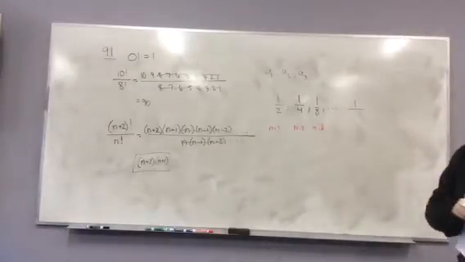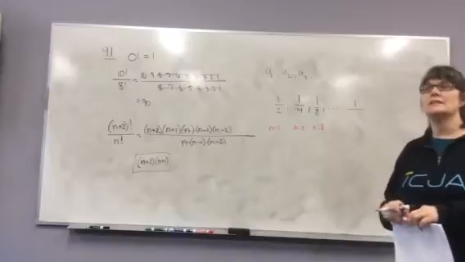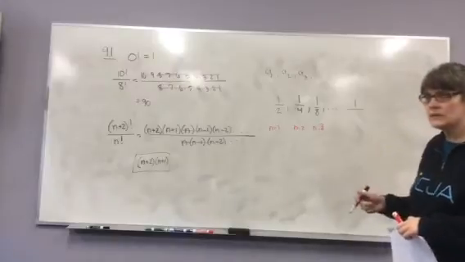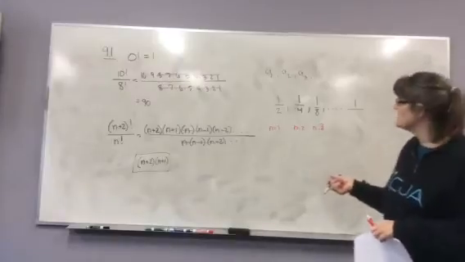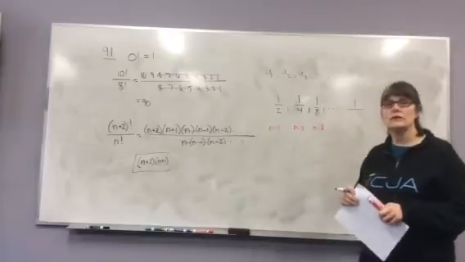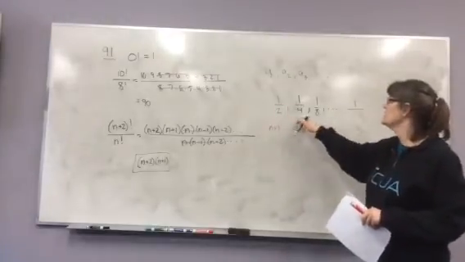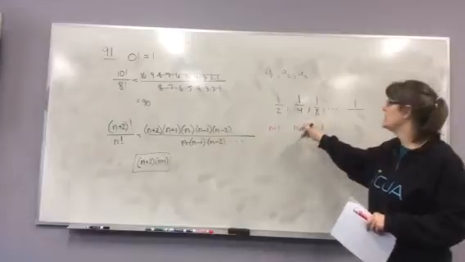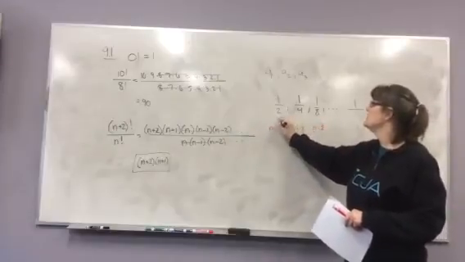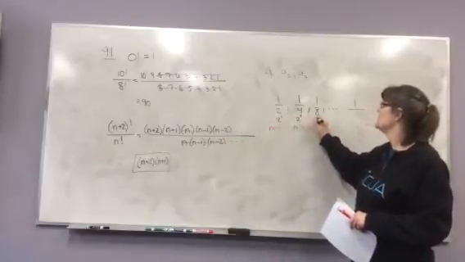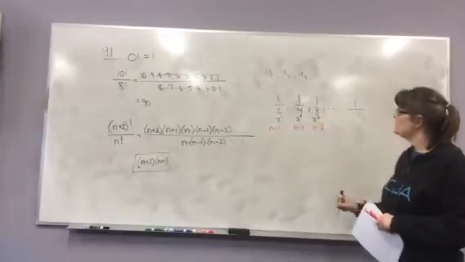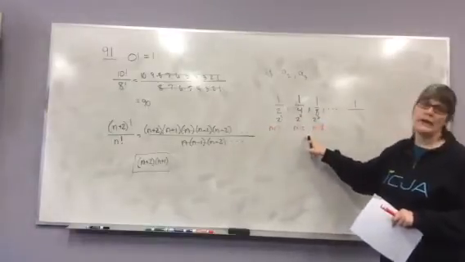Now, we want to get in the habit of recognizing some powers, arithmetic sequences, geometric sequences, and factorials. This one I notice are powers of 2. 2 to the first, 2 to the second, 2 to the third. Well, look how that nicely corresponds to my n.